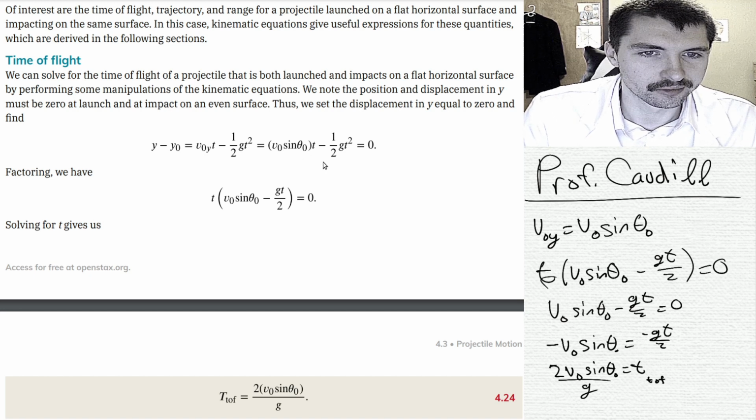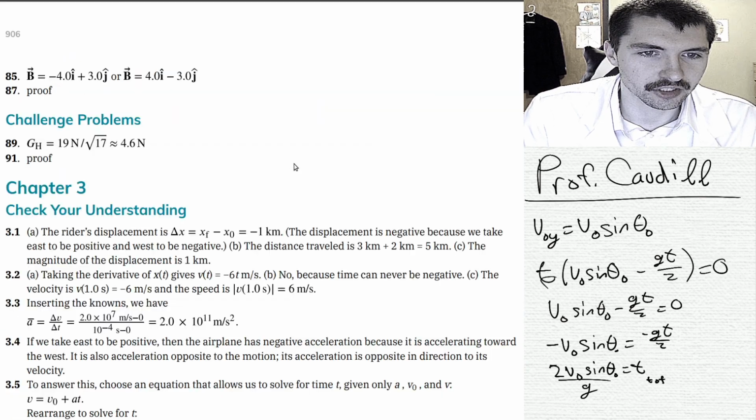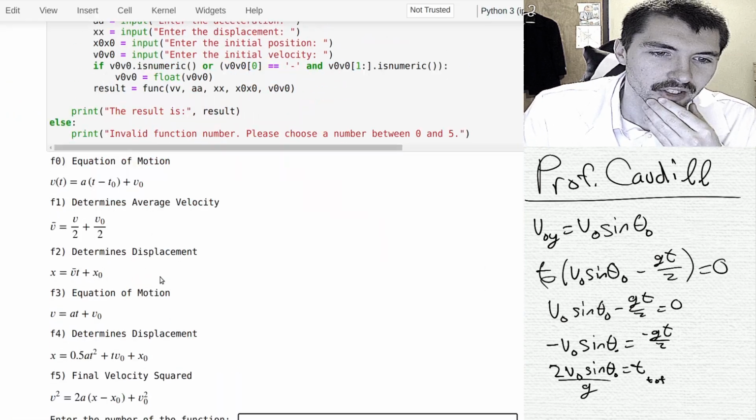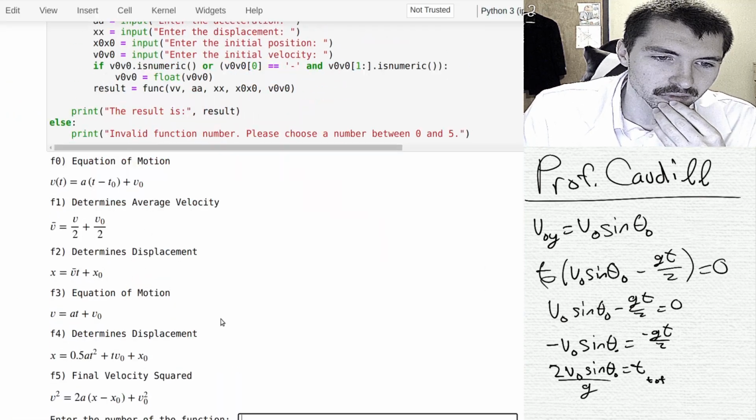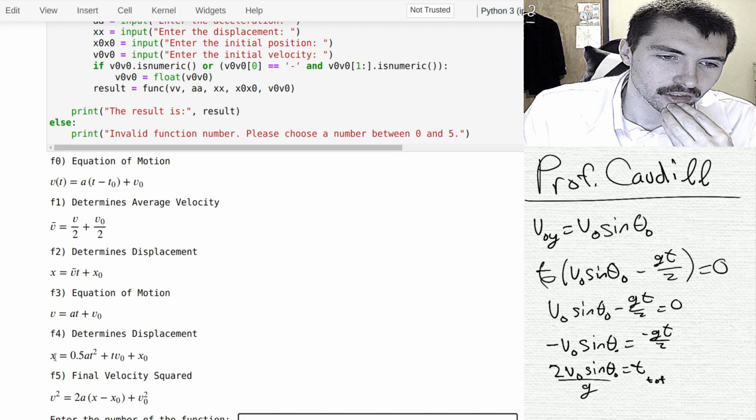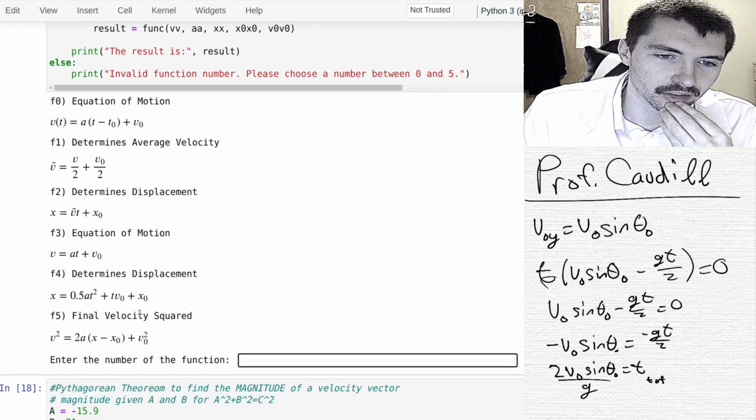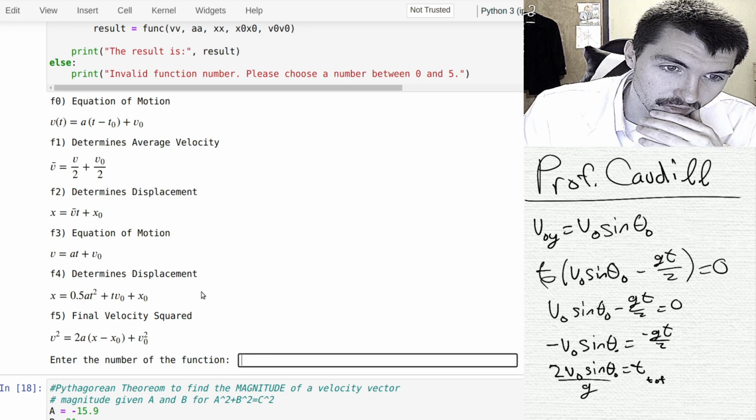One half g t squared. They're using equation 4 where x and x naught are 0. The only thing is they're changing v naught to v naught sine theta.